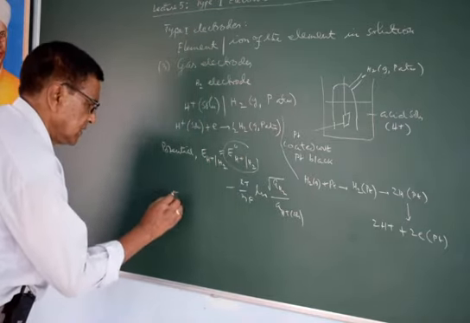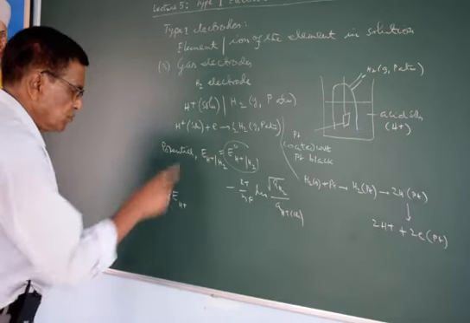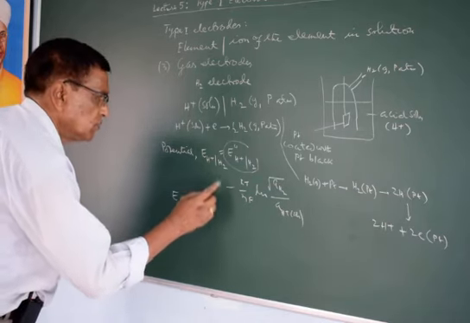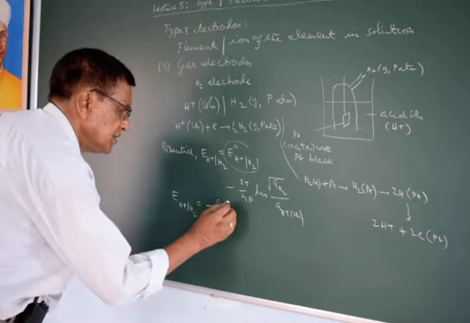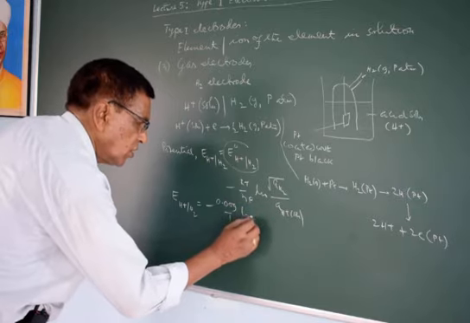So the potential of this hydrogen electrode is equal to minus, at 25 degrees centigrade, 0.059 by 1, and it is the log.